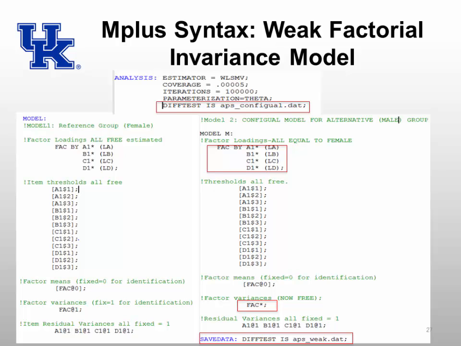The left side I kept the same for the configural and weak models, but for model M, the focal group, now we put the same names, LA, LB, LC, LD, for both groups' factor loadings, meaning we add constraints on factor loadings. We force them to be the same. So we're going to see whether the model fit drops by having more constraints.